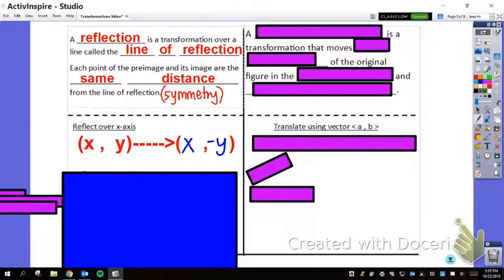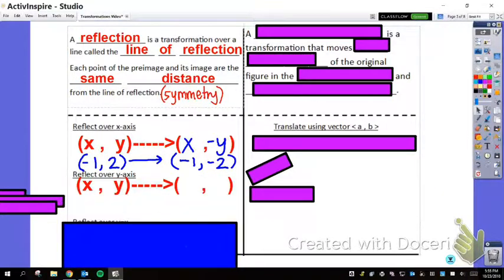So if we have the point (-1, 2), our x stays completely the same, so we're still going to have -1, but our 2 becomes the opposite of 2, which is -2. So that would be our new point, our reflected point over the x-axis.